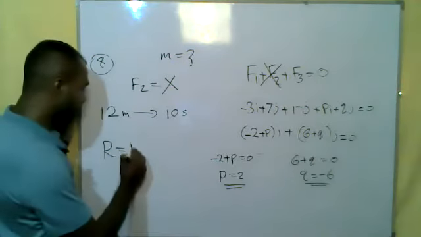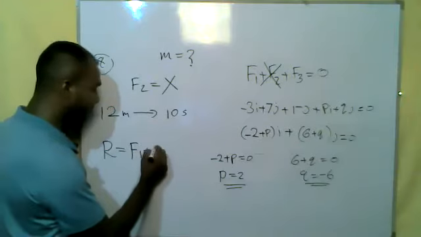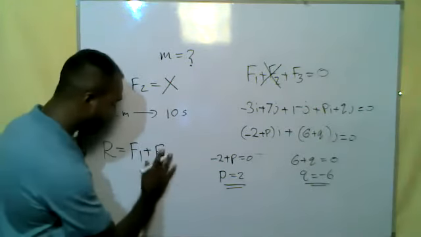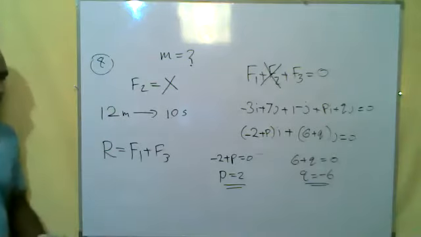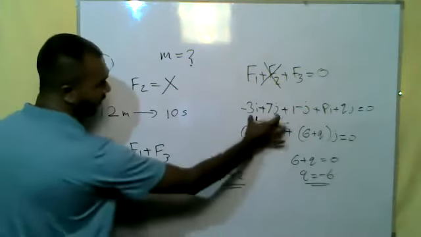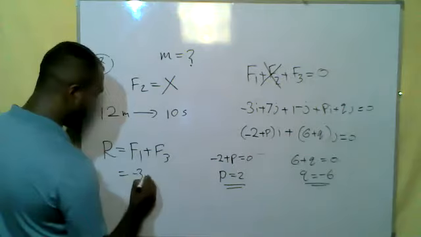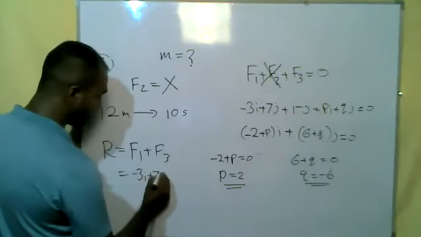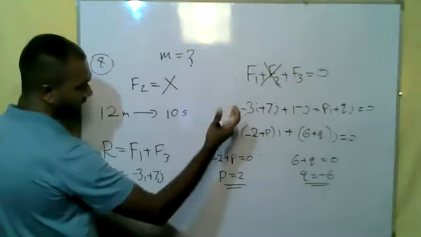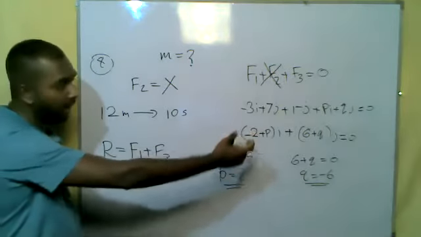So now we can get the resultant force by doing what? We can add force 1 and force 3. By addition of force 1 and force 3, we can get the resultant force. So what do we get for the resultant force here? Force 1 we know: minus 3i plus 7j. And force 3, now we don't need to write Pi plus Qj.